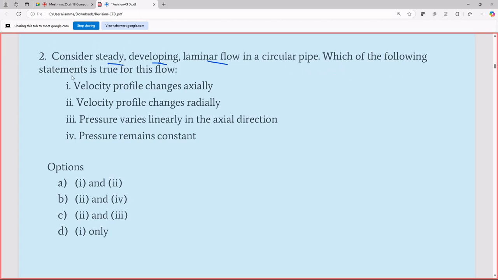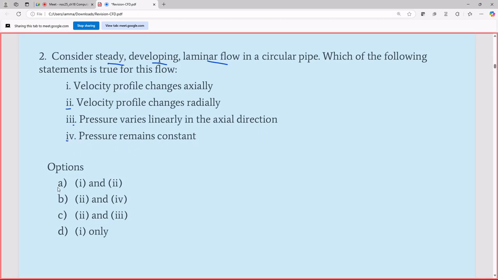Which of the following statements is true for this flow? The statements are: first, velocity profile changes axially. Second, velocity profile changes radially. Third, pressure varies linearly in the axial direction. Fourth, pressure remains constant.